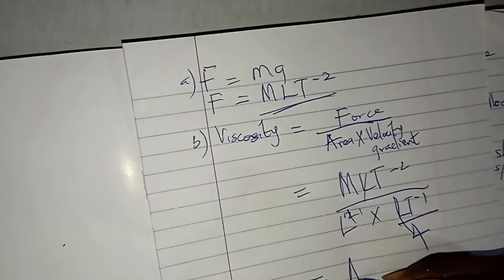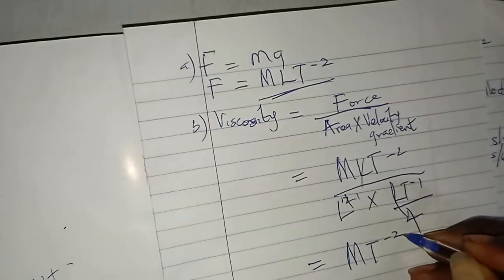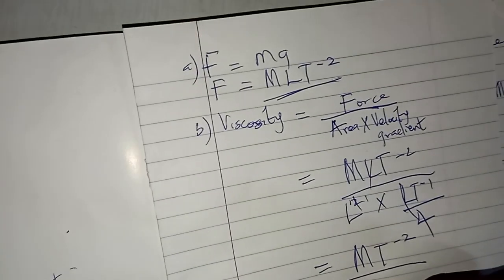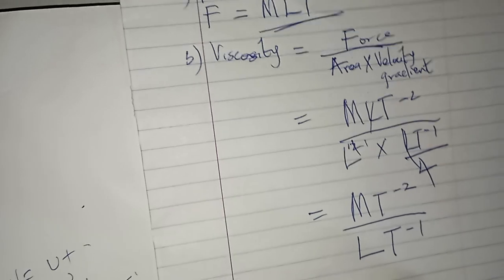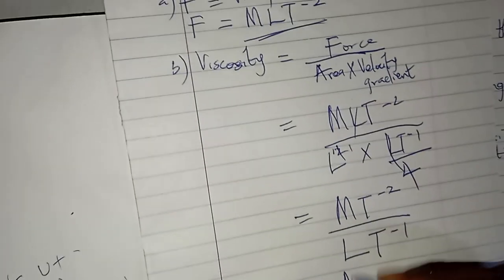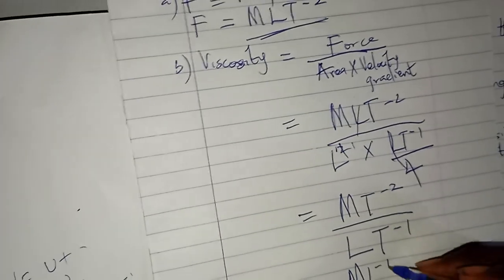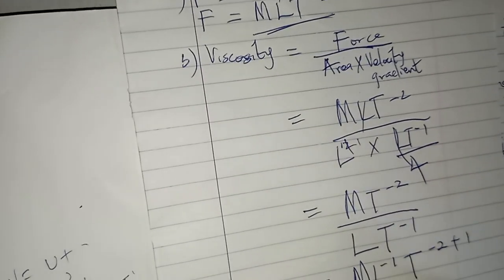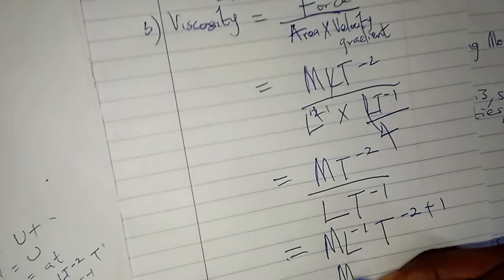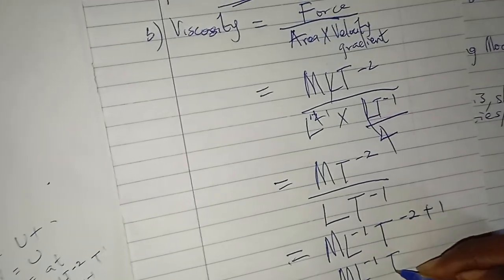So I'm having MLT^-2 all over LT^-1. Applying the division law, this is the same thing as saying ML^(2-1)... that is, ML^-1 T^(-2+1), so I have ML^-1 T^-1.